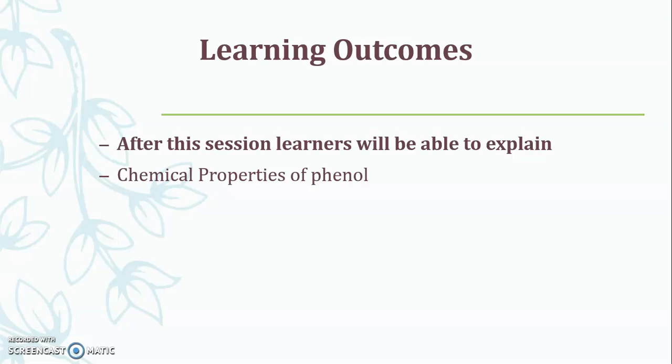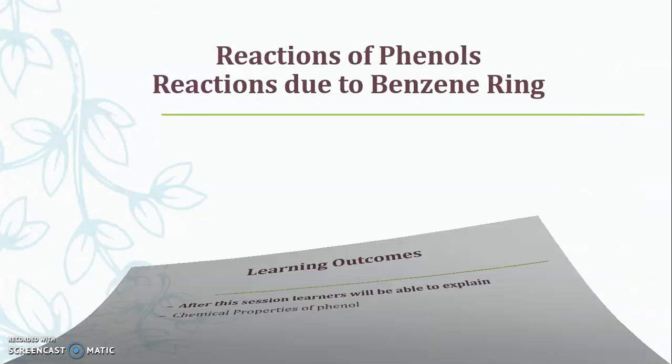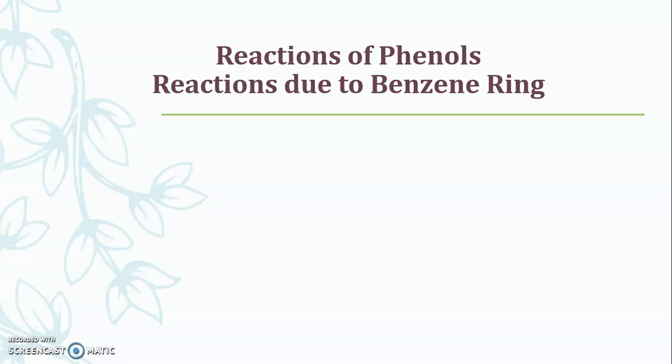Remember that here we are going to discuss the chemical properties of the phenol that are due to the presence of the benzene ring in the phenol. So let's start with these reactions. As I said, these reactions are given positive by the phenol due to the presence of the benzene ring.